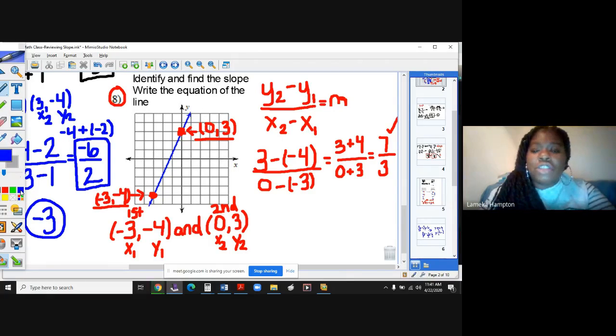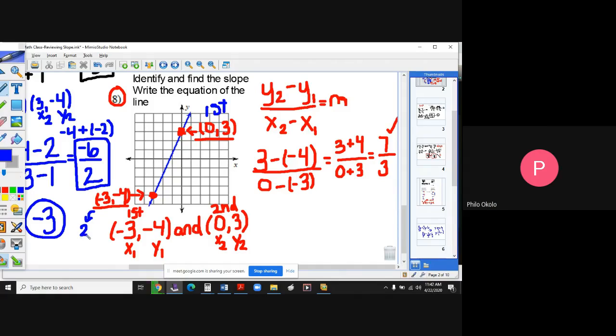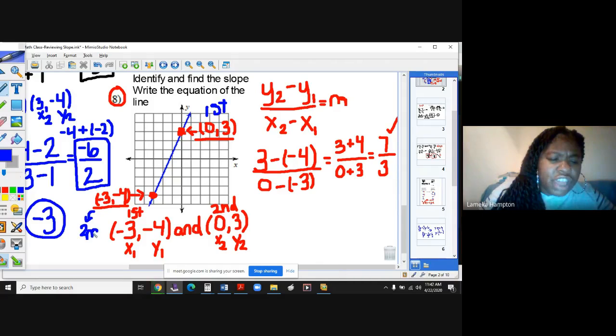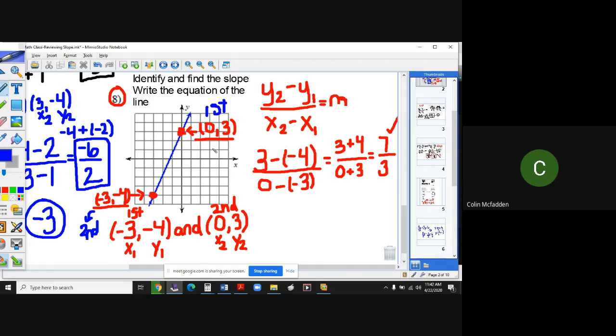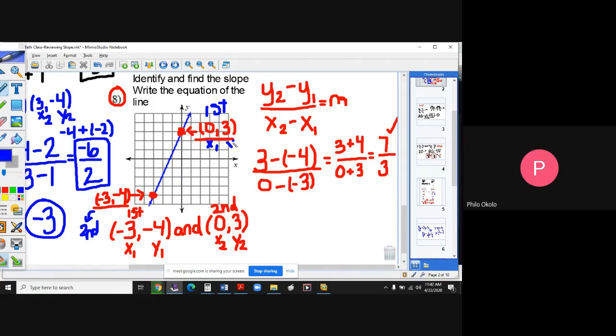All right. So now what I want to do very quickly is switch the coordinates so you can see that it really doesn't make a difference. Miss Philomena, you said that you used 0, 3 as your first set, right? And then you used 3, -4 as your second set. Okay. So if we do that, this is going to be x1, y1.